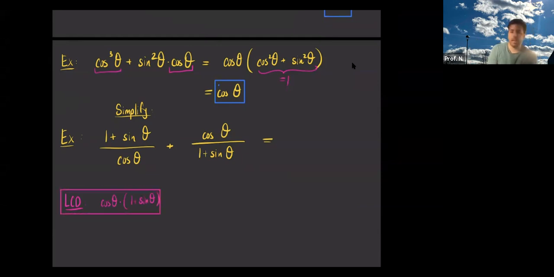The problem is neither denominator is the LCD. So what's missing from this fraction here? What's missing is 1 plus sine theta, and here it's cosine theta. So I multiply top and bottom by cosine theta. What's missing on the other fraction? Well, cosine theta is in the denominator, and I'm missing a 1 plus sine theta over 1 plus sine theta.